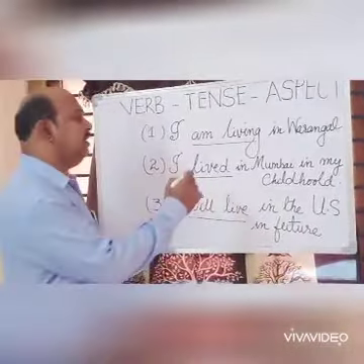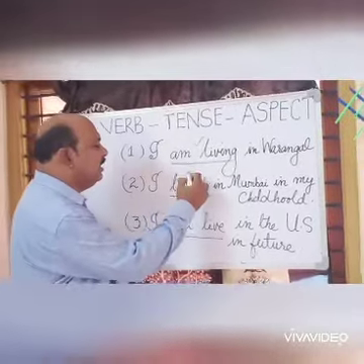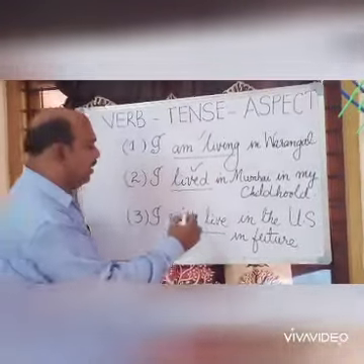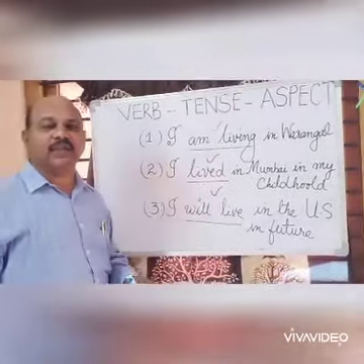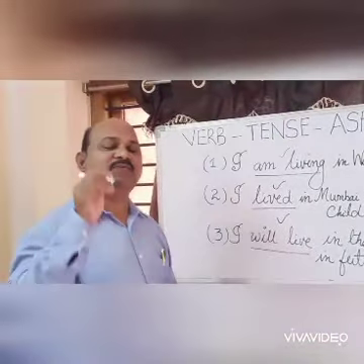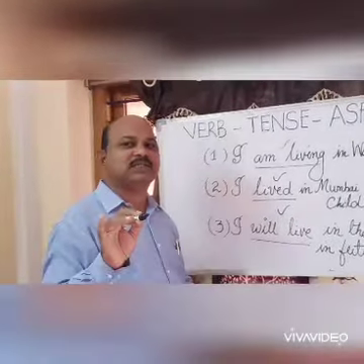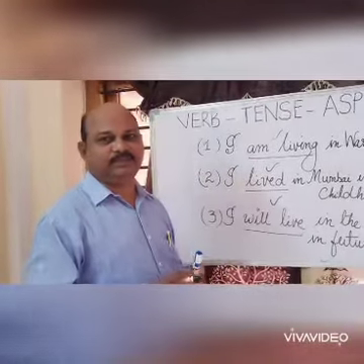Now you see, this am living is a verb. This lived is a verb. Will live is also a verb. These indicate our doings, our actions. So any word that indicates a doing or action is called verb.